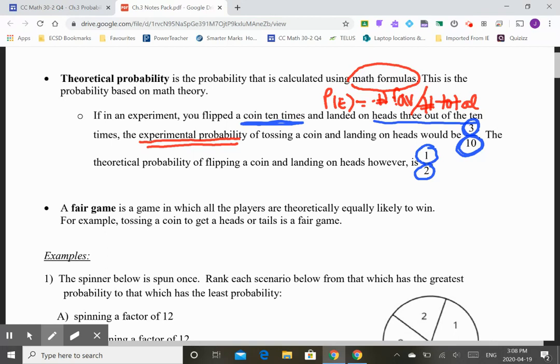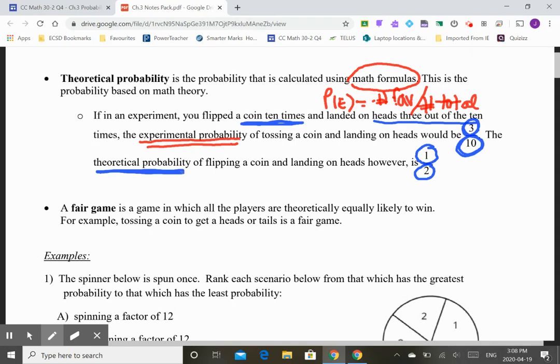Flipping a coin 10 times is not very many. What we would find is that in experimental probability, the higher the number of total outcomes, the closer it is to theoretical probability. But just know that theoretical probability is the probability that we are going to be using throughout the course.